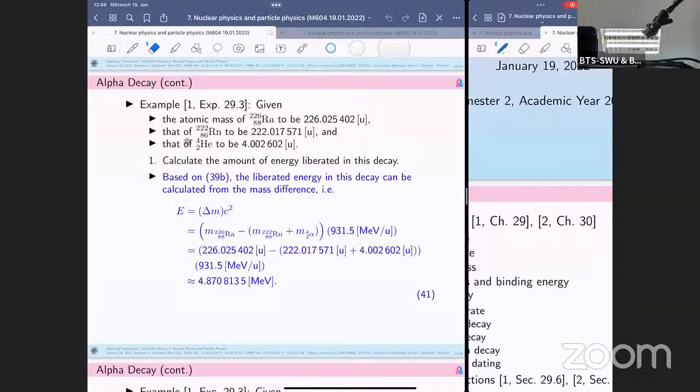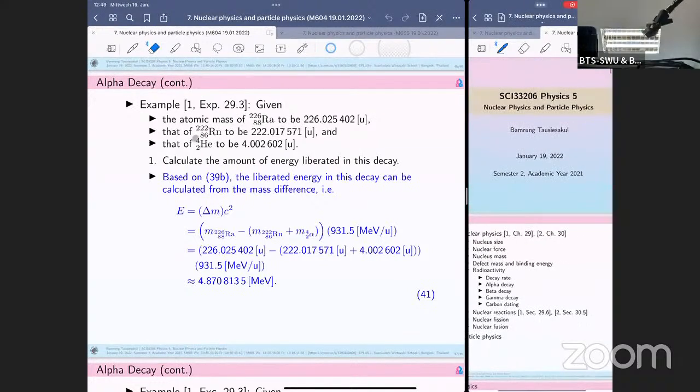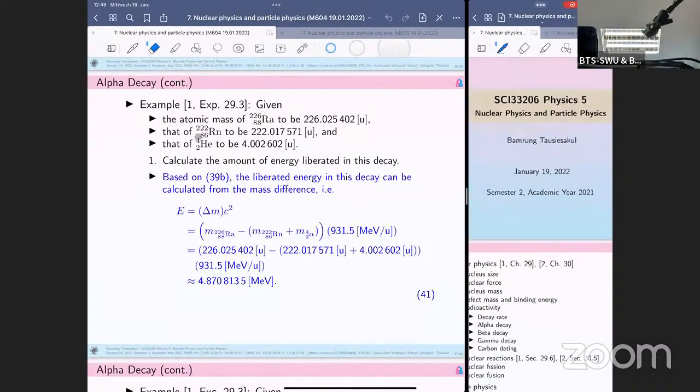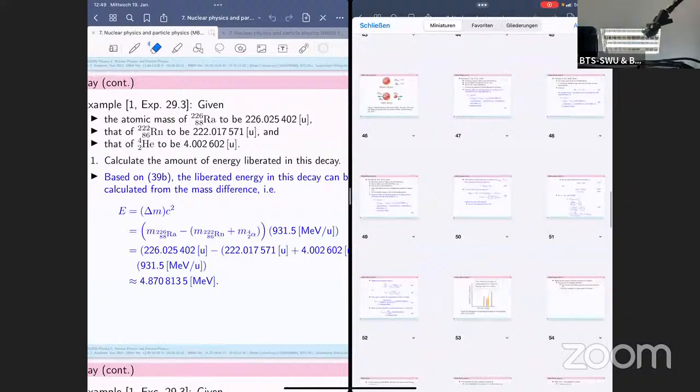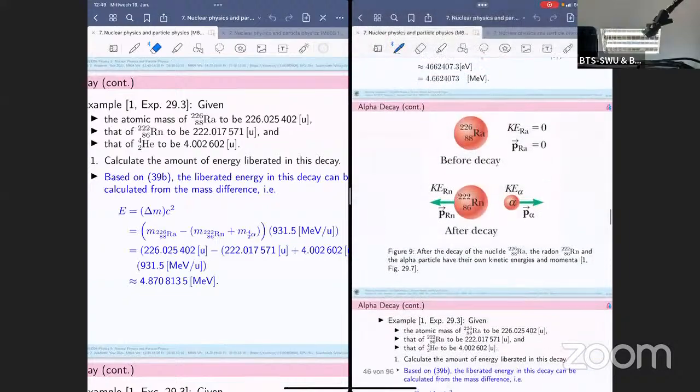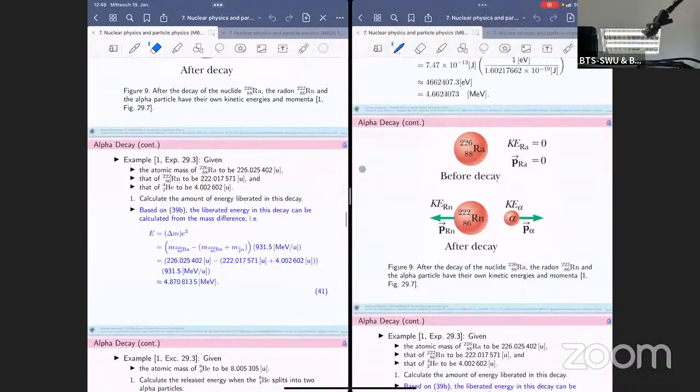All right, and the outcome, as you may have seen previously. Here, the model is that we have radium 226, which is this nucleus, and what we get is two particles: the daughter nucleus radon 222, 86, and the alpha particle, the nucleus of helium.